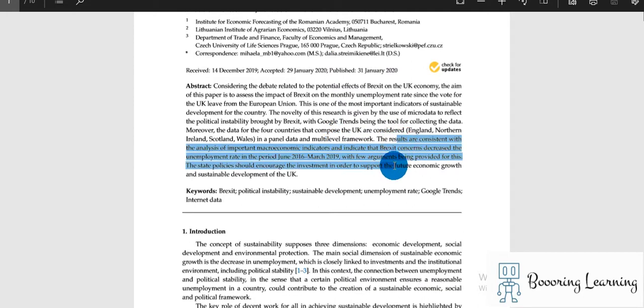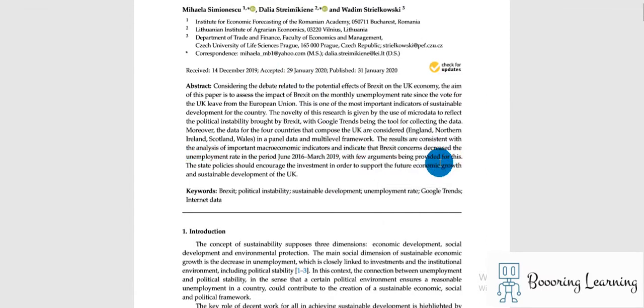The results are consistent with the analysis of important macroeconomic indicators and indicate that Brexit concerns decreased the unemployment rate in the period June 2016 to March 2019, with few arguments being provided for this. The state policy should encourage the investment in order to support the future economic growth and sustainable development of the UK.